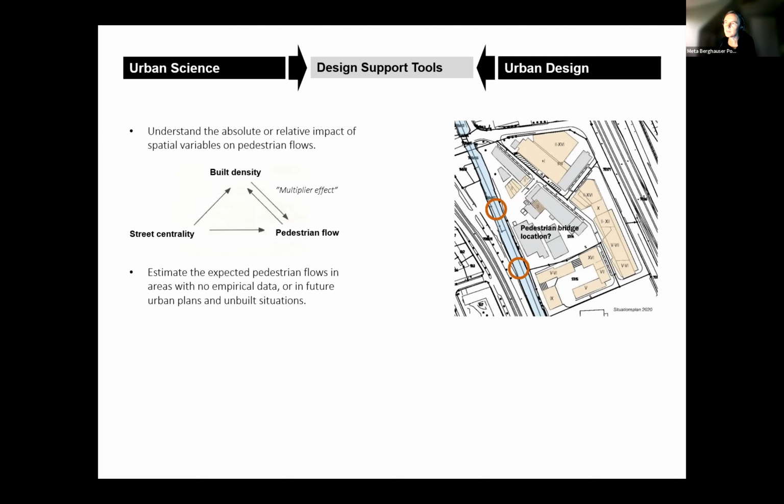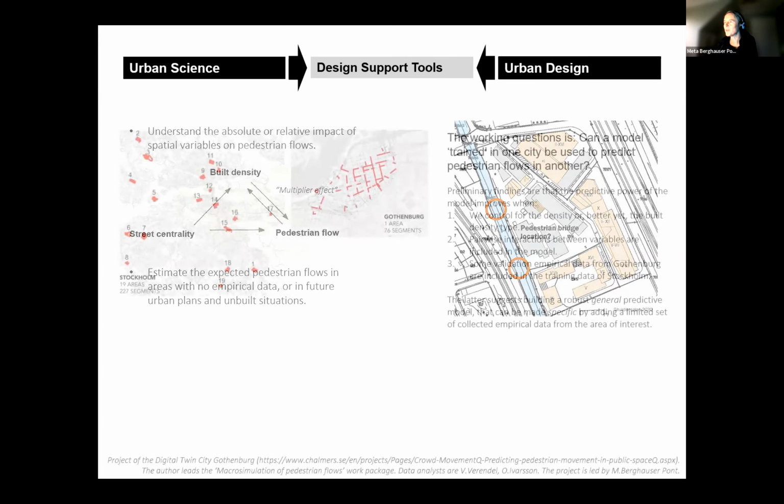So we want to estimate the expected pedestrian flows in areas where we do not have empirical data. And we don't want to have just a rule of thumb. We actually want to know, for a new bridge, how will that impact both the existing streets, but also this new bridge? How many people will walk there? And this is what we are working on at this very moment.